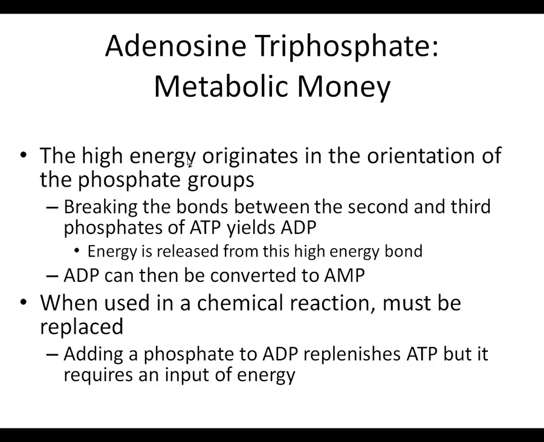All of these chemical reactions have to be replaced. I can't survive, or any cell can't survive, on adenosine monophosphate. So you're going to have reactions that are going to have to replace those phosphates, taking AMP back to ADP and ADP back to ATP, so we have the amount of energy required to go through metabolic processes.